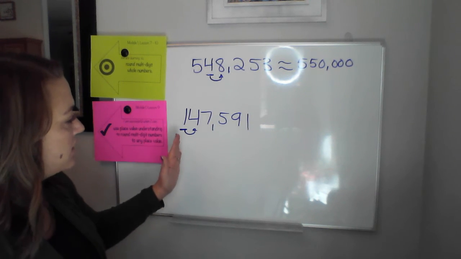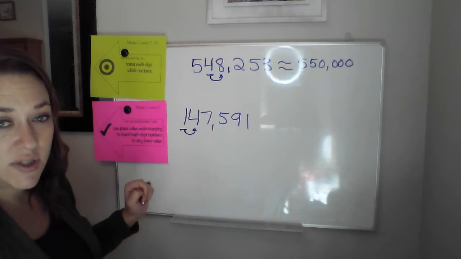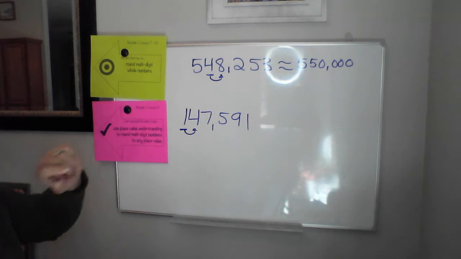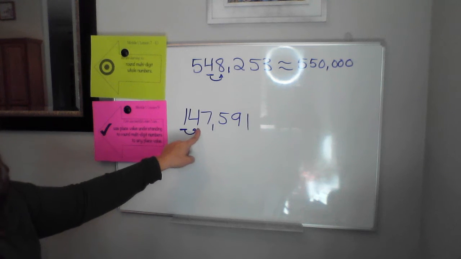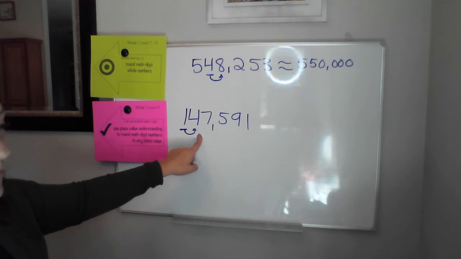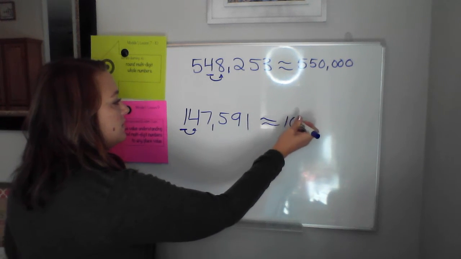So if we're rounding to the nearest 100,000, our low point would be 100,000. Our high point is one more, which would be 200,000. But because our number to the right is 4, that's less than 5, which means we are going to round down to 100,000.